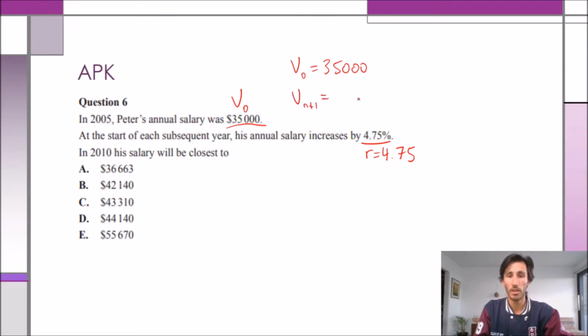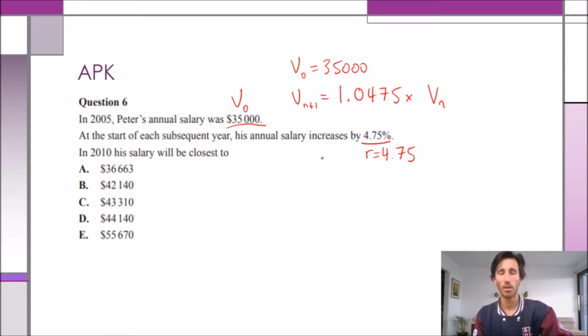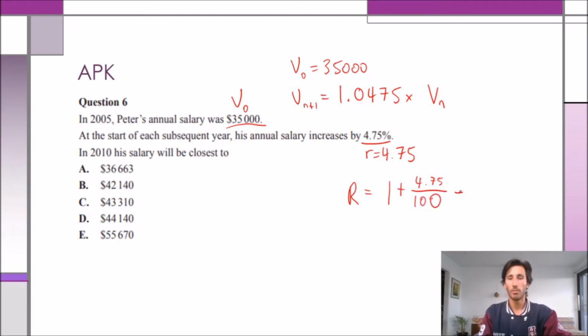Vn plus 1 equals 1.0475 times Vn. How did I get 1.0475? Since we're talking about a percentage increase here, this is the same as compound interest. So we can essentially say that R is equal to 1 plus 4.75 all over 100, which is then equal to 1.0475.